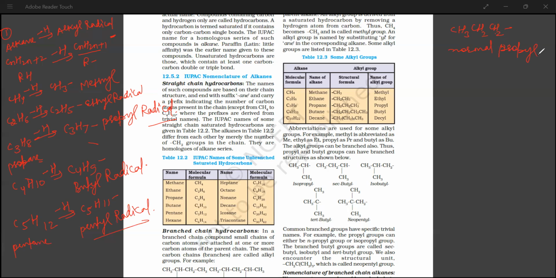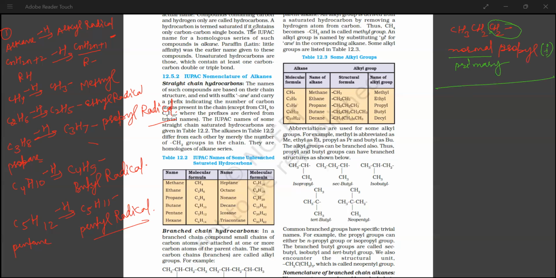See, where is the valency available for attachment? This is the site where valency is available for attachment. This carbon is attached with how many carbon atoms? 1 carbon atom. So it is normal, and it is known as 1 degree also, because it is attached only with 1 carbon atom. That's why it is called 1 degree or primary.